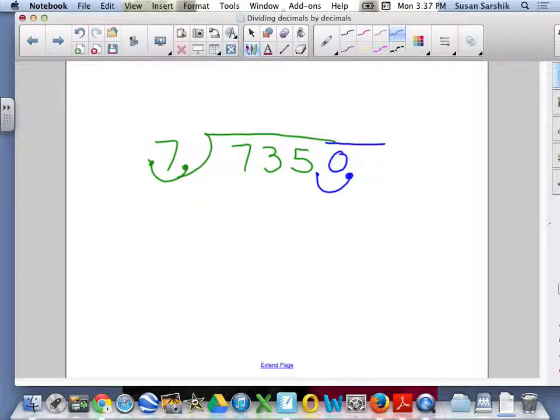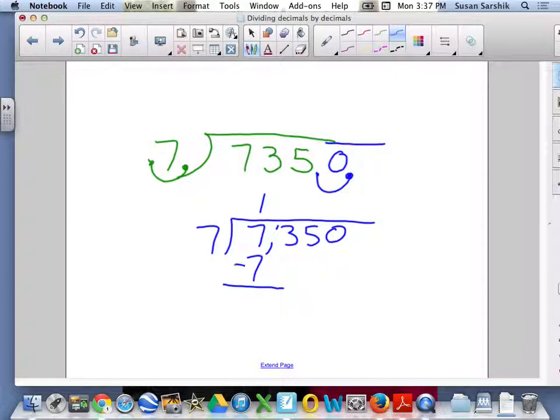So now my new division problem is 7 into 7,350. 7 into 7 is 1. 1 time, I bring down the 3. 7 goes into 3 0 times.